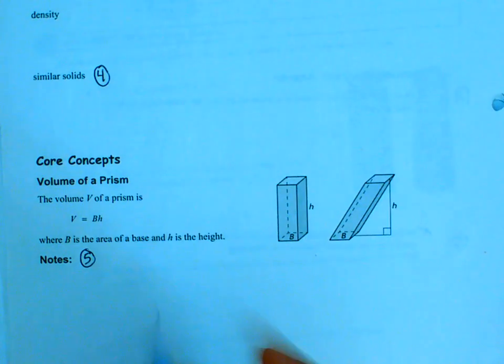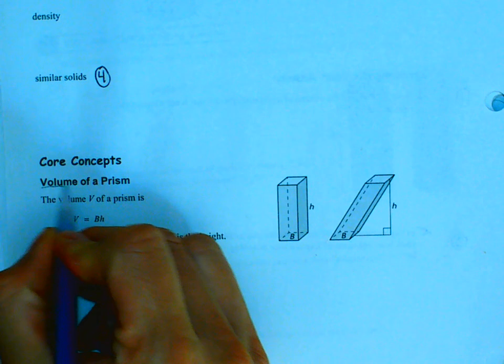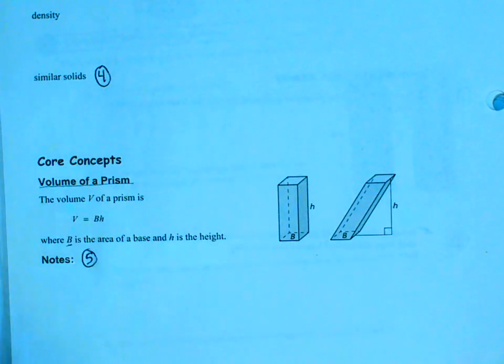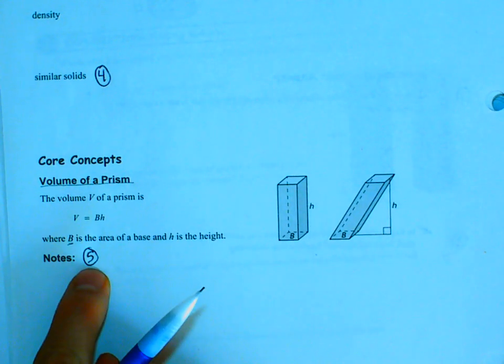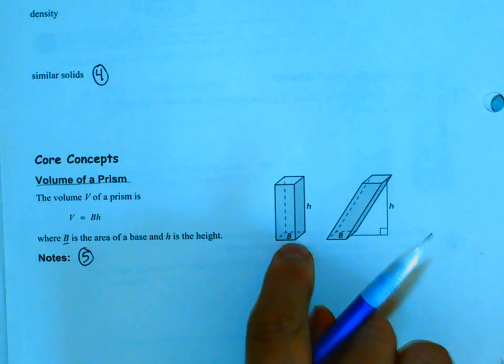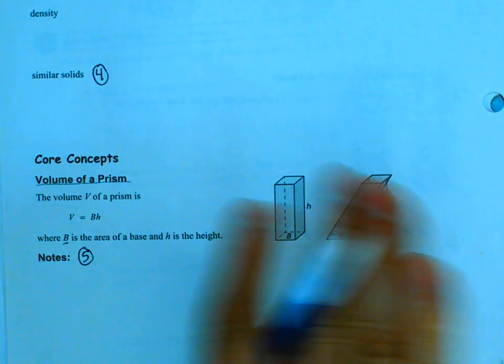And once again, like we talked about already, the volume of a prism is the area of the base, depending on what the base is will depend on what equation that's going to be, and the height of the prism. Example 5 goes right there. As you can see, these two prisms are the same prism, except this one is just tilted.